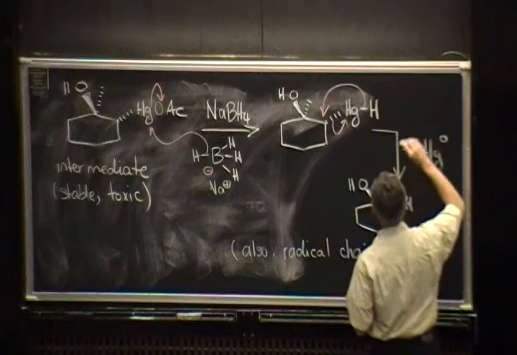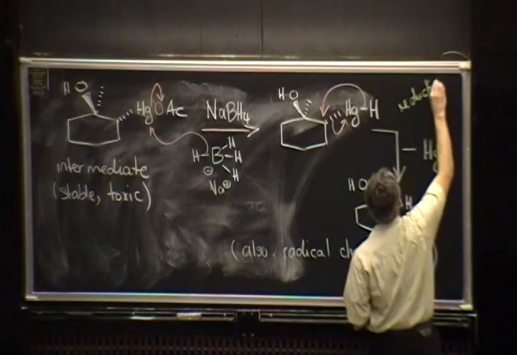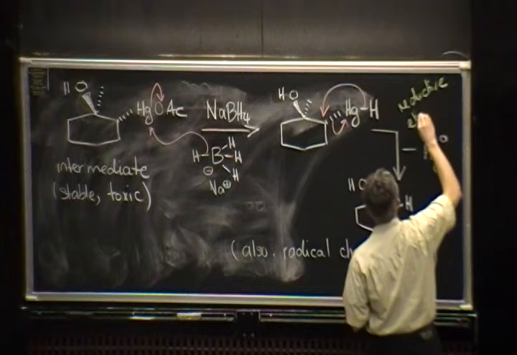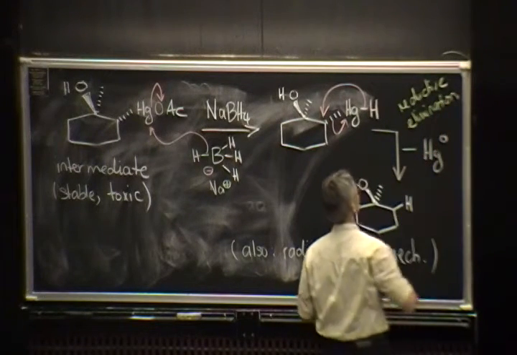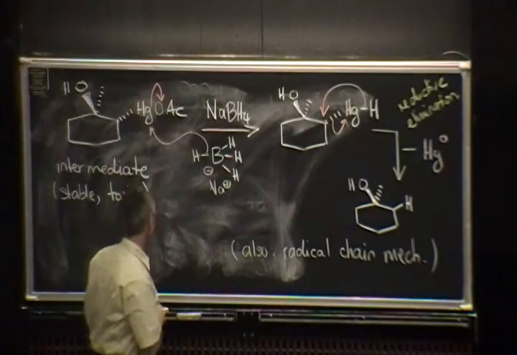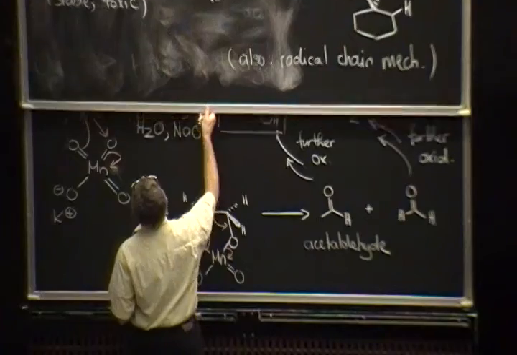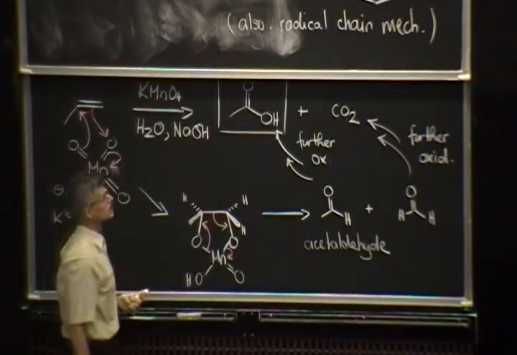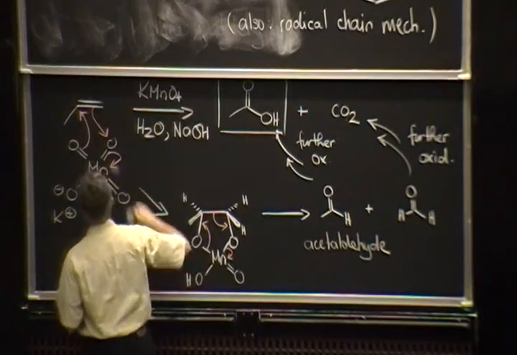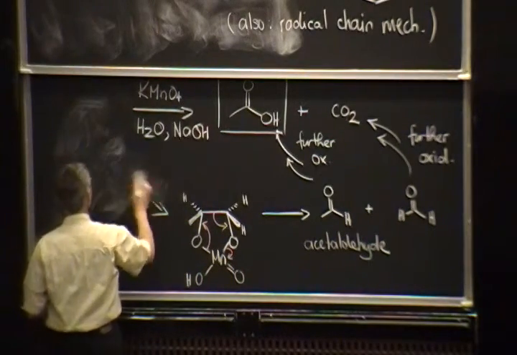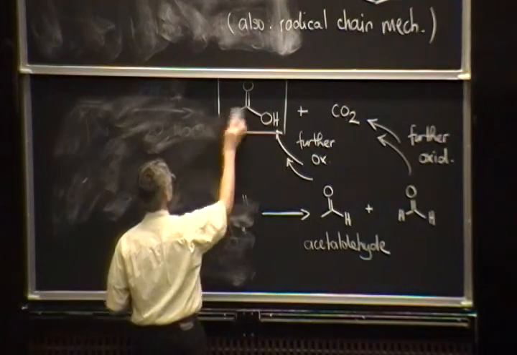So what I gave you here is a reductive elimination, or an ionic mechanism. That's one possibility. But the end product is the same. You end up with this tertiary alcohol, which is a formal addition, hydration of our double bond.